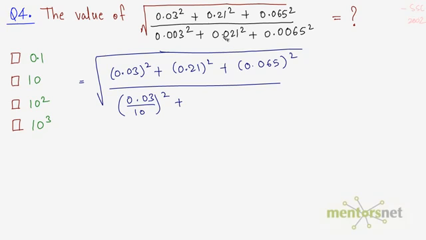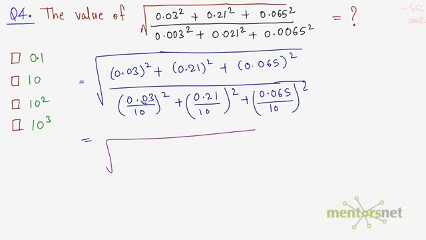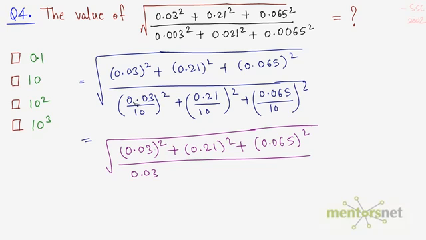So plus, again you can do the same thing with 0.021. So you can write 0.21 divided by 10 whole square plus again 0.065 divided by 10 whole square. Now what you can do is again write the same thing. Now 0.03 by 10 whole square can be written as 0.03 square upon 10 square plus the rest of the things in the same way.